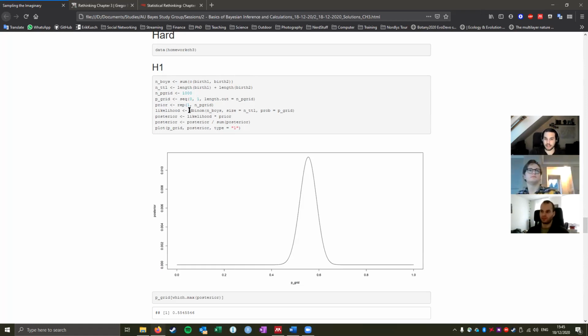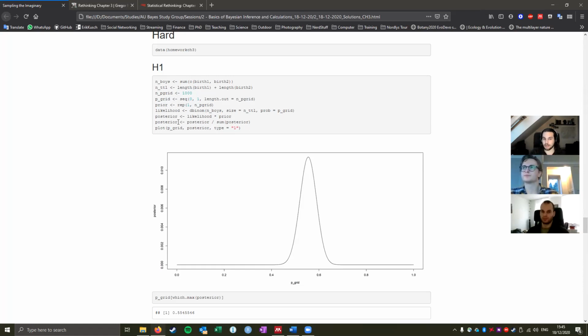And my likelihood is coming from a density binomial distribution here, where the number of boys in my original sample is the success rate. The size, meaning the trials for each of these success rates, is the length of the total amount of births that we observed in both first and secondborns, and the probability is just 0 to 1 on that grid that we drew earlier.